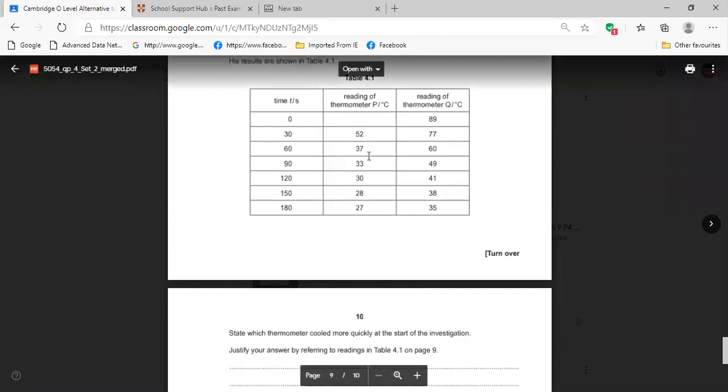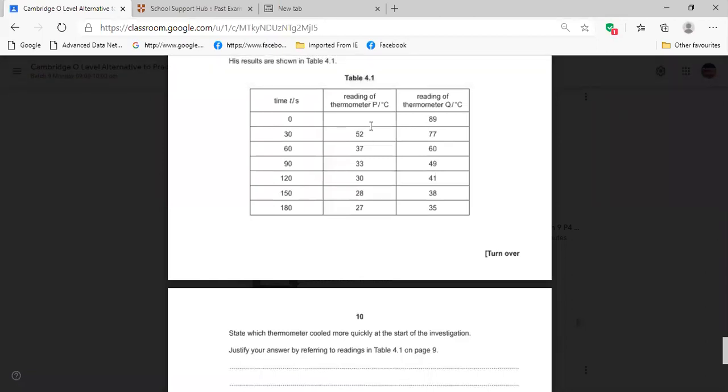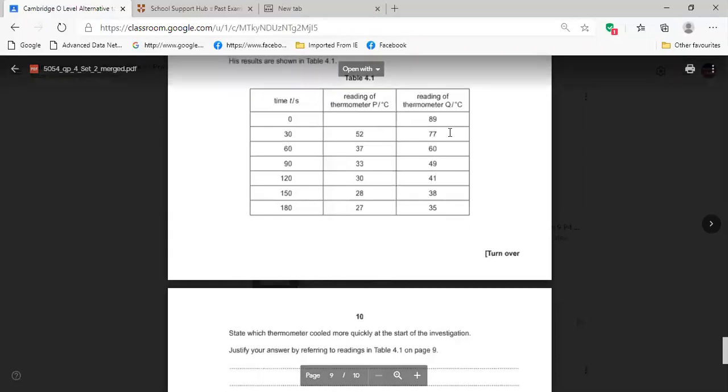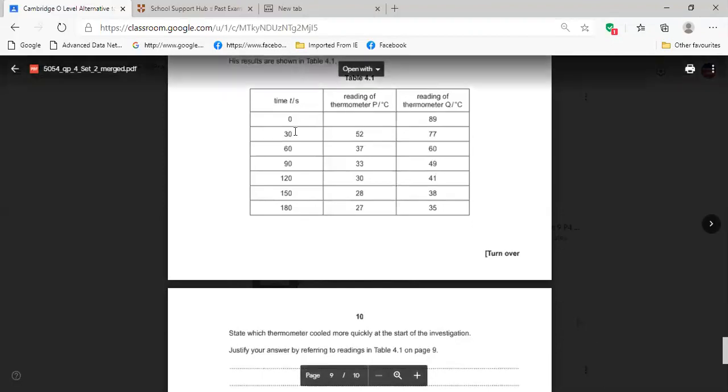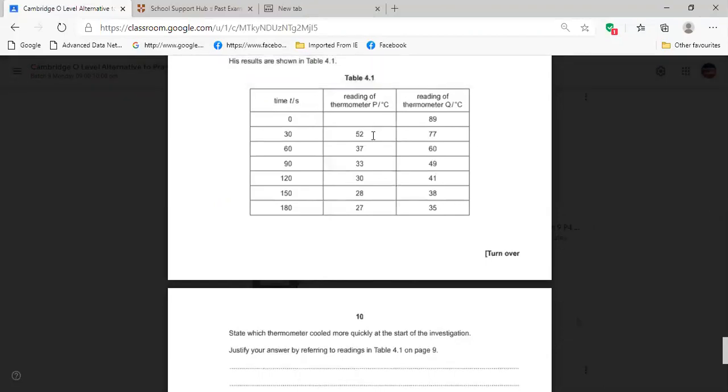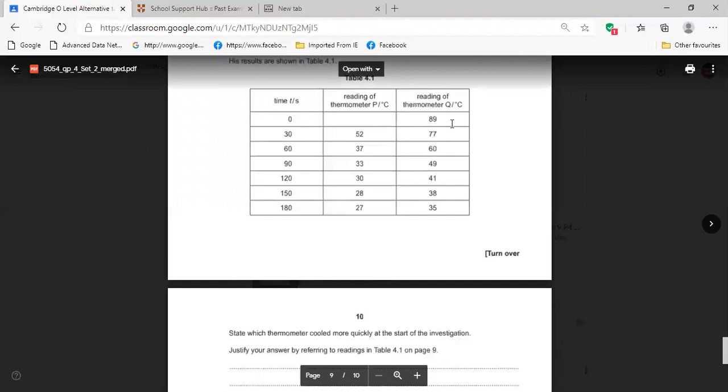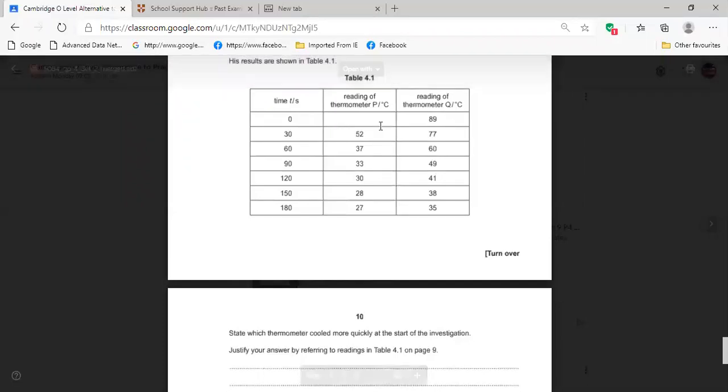So which one is losing more temperature, P or Q? Q is losing more or P is losing more? You see here in 30 seconds, the difference you got is 34, right? So if the temperature is dropping 34 degrees, that means this one is cooling down more.